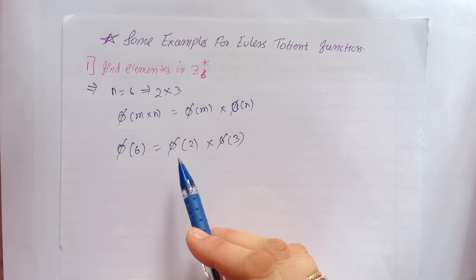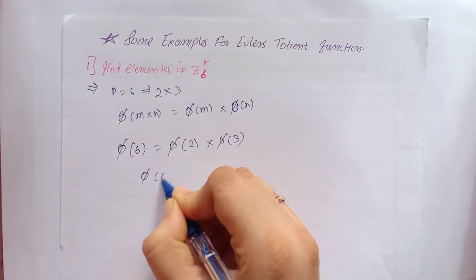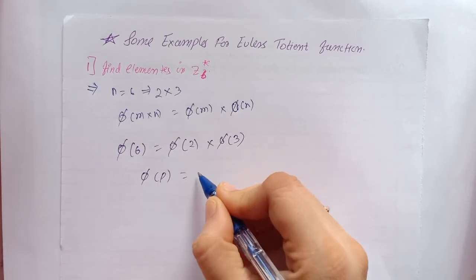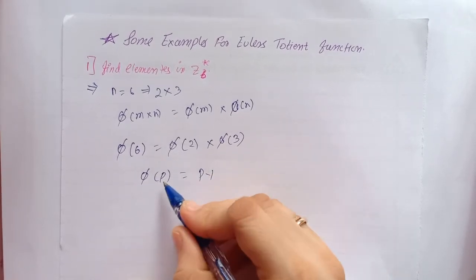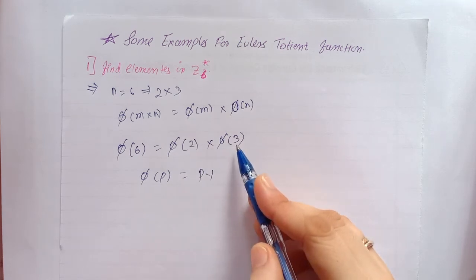Now using the second rule, that is phi of p is equal to p minus 1, where p is a prime number. Here 2 is prime and 3 is also a prime number.